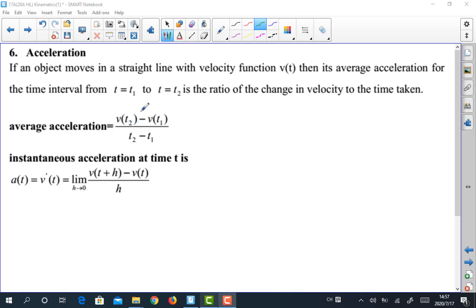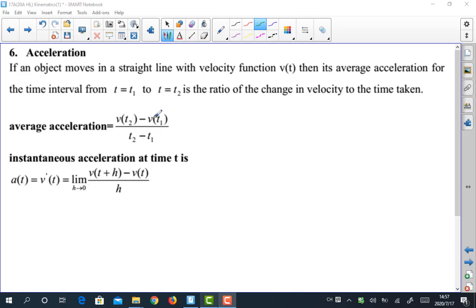So this is the change in velocity over the change in time. What is instantaneous acceleration? Instantaneous acceleration means you need to look for the gradient or the slope of the tangent line to the velocity function at a particular time t. Therefore, the instantaneous acceleration should be the limit of the gradient of this chord when h approaches 0.